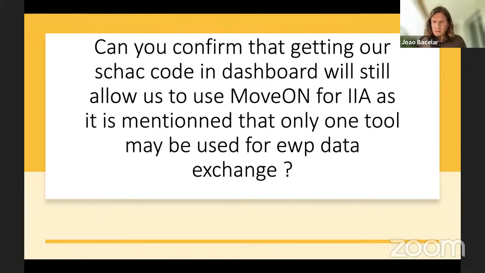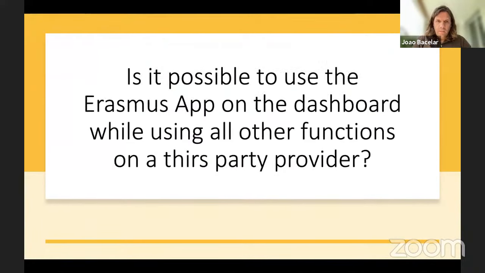It's not something we recommend you do, but in this particular question, I think the colleagues really are talking about getting interinstitutional agreement data on, in this case, MoveOn and the dashboard. That doesn't work. We will come to other questions that touch upon this from different angles, because it seems to be something that the colleagues are dealing with and trying to figure out what the next move is.